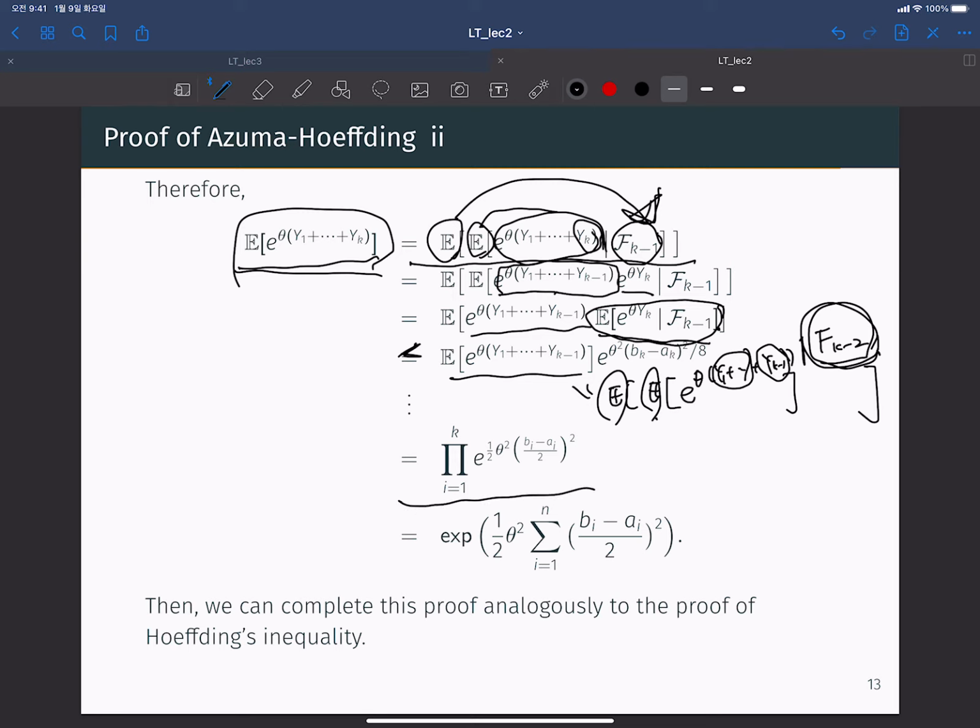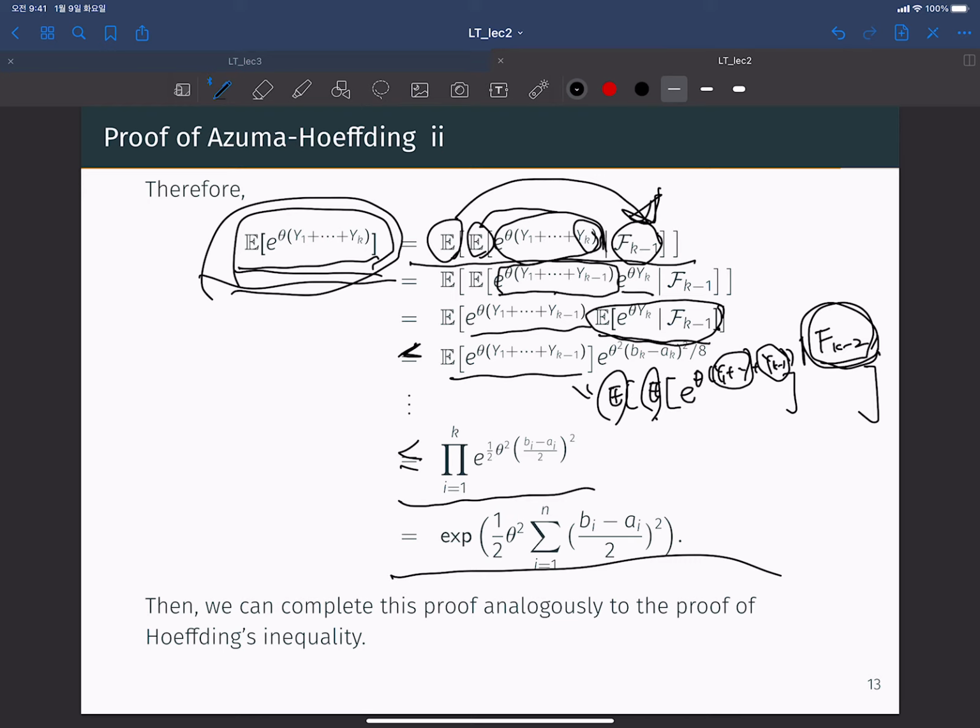In the end, we have this inequality like this, right?